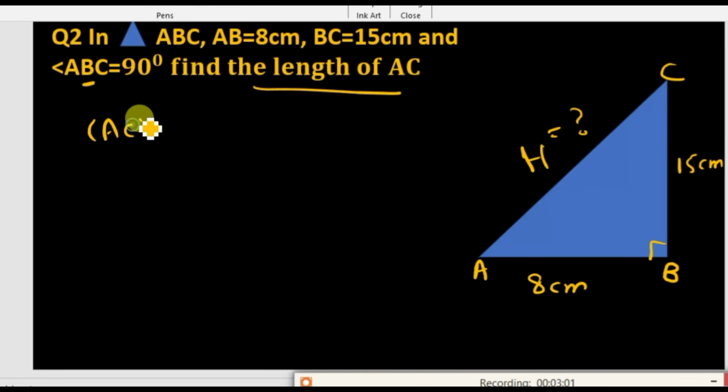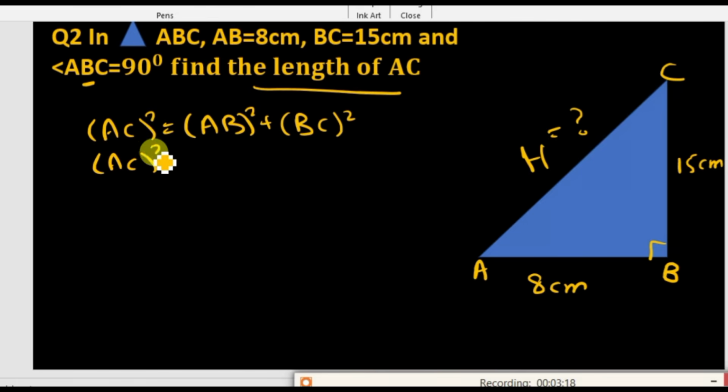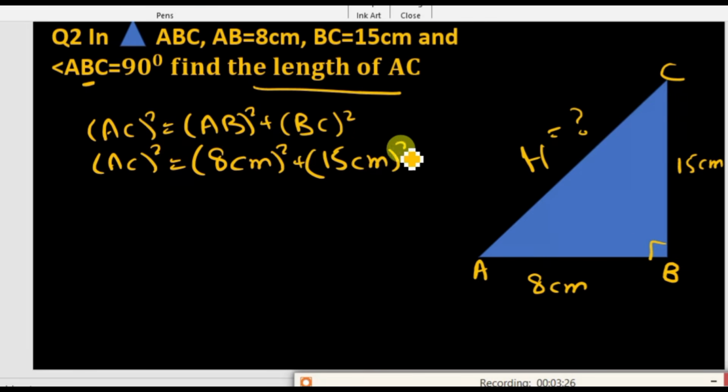I can write AC square is equal to AB square plus BC square. Hypotenuse square is equal to the sum of the remaining two sides. Clear? AC square is equal to AB, which is 8 centimeter, square, plus BC, which is 15 centimeter, square.